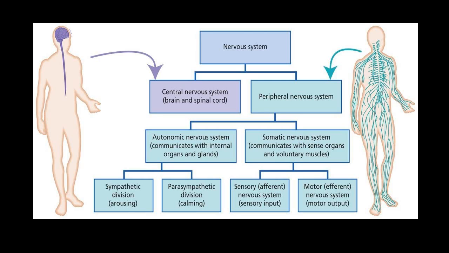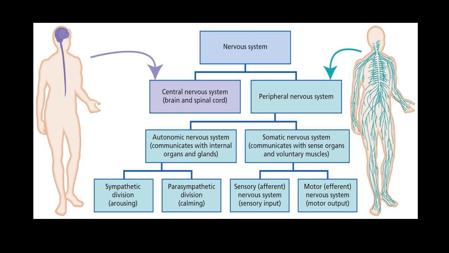And then we have the autonomic nervous system. So the autonomic nervous system involves internal organs. So it controls involuntary responses by influencing organs, glands, and smooth muscles.